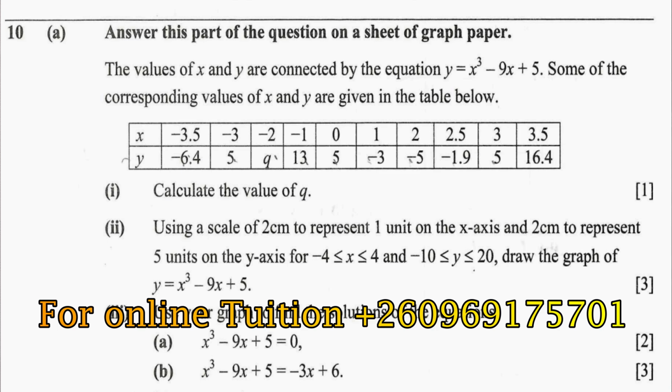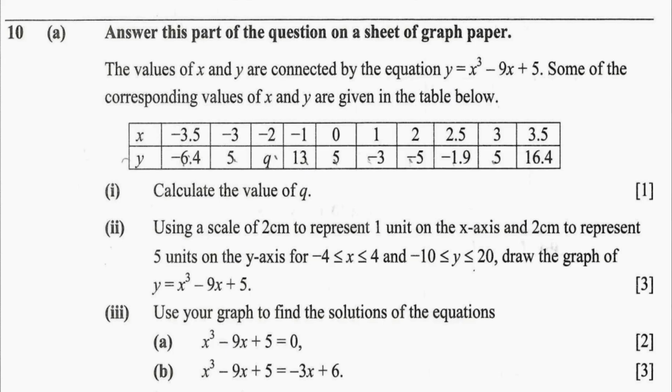This question reads, the values of x and y are connected by the equation y is equal to x power 3 minus 9x plus 5. Some of the corresponding values of x and y are given in the table below. Let's check the table.